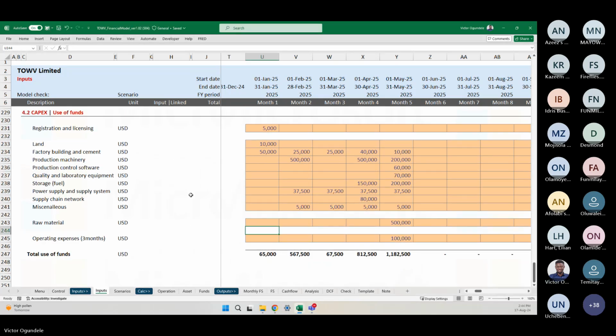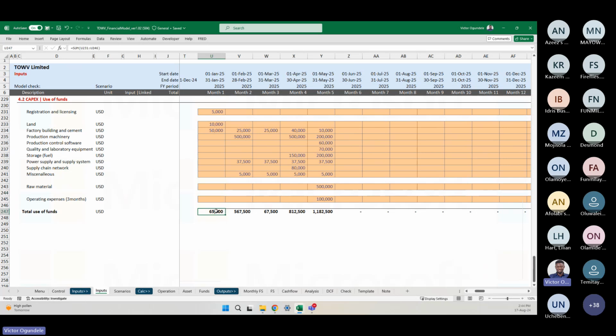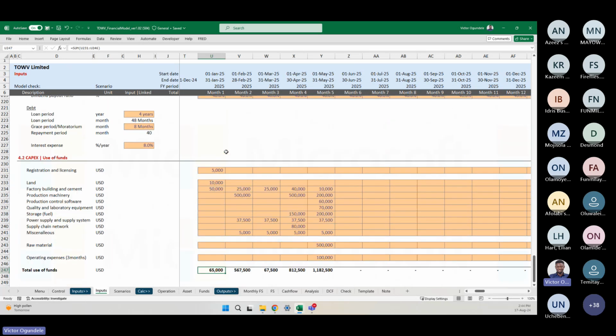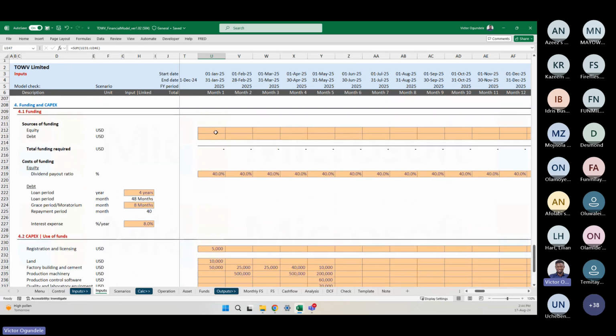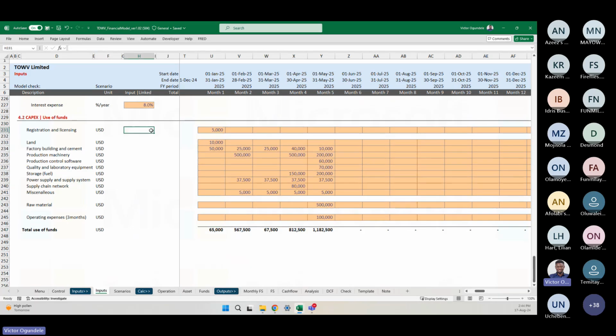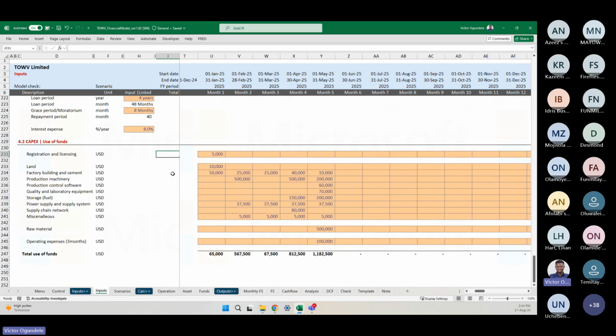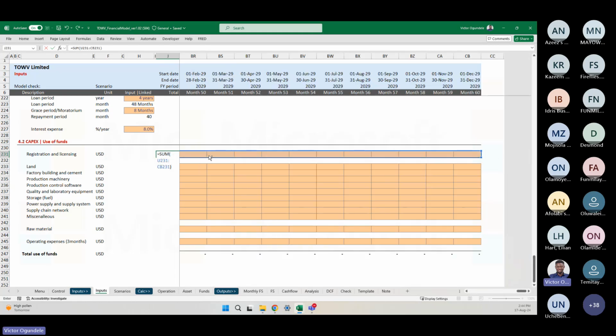Okay. So now it is based on this. This will now be what we drive our source of funding. So let's do the total. Just do the total by the side in our total column, everything from month 1 down to month 60. Just do the summation.